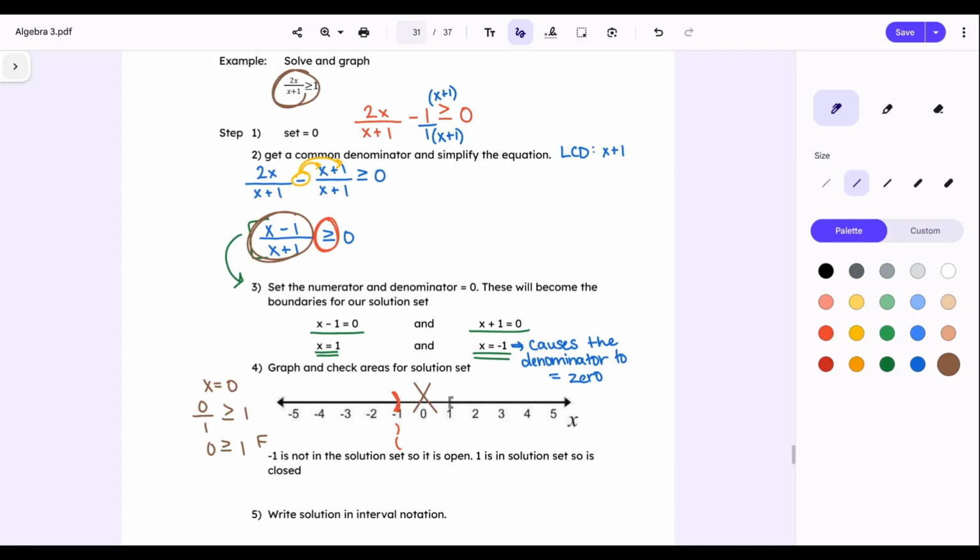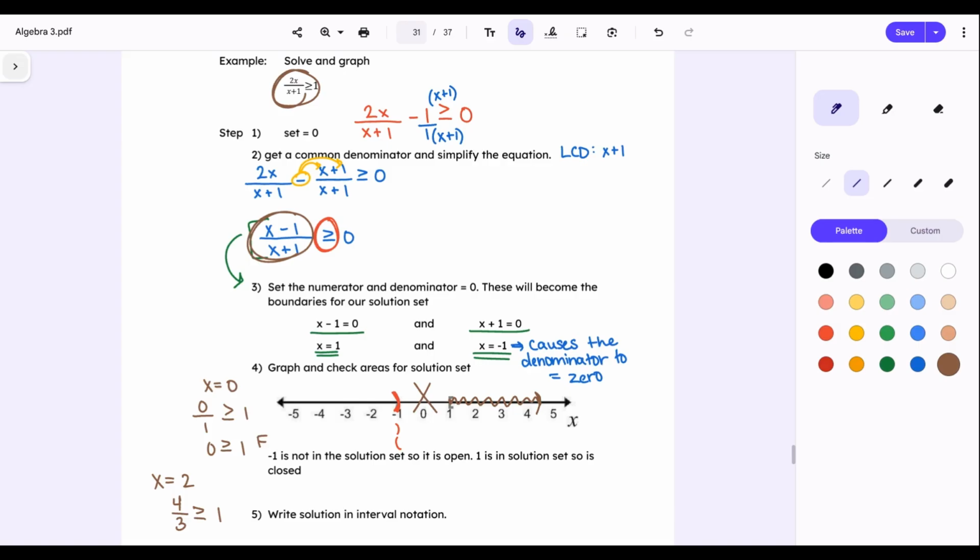So now I'm going to test a 2 and a -2 because those are on either side of my boundary points. So if I put in a +2 for x, again coming back up here, 2 times 2 would be 4. And on the bottom, 2 plus 1 would be 3. 4 over 3, is that greater than 1? Well, that would be 1 1/3. So yes. So on this side, I want to shade. So it's going over my number line.